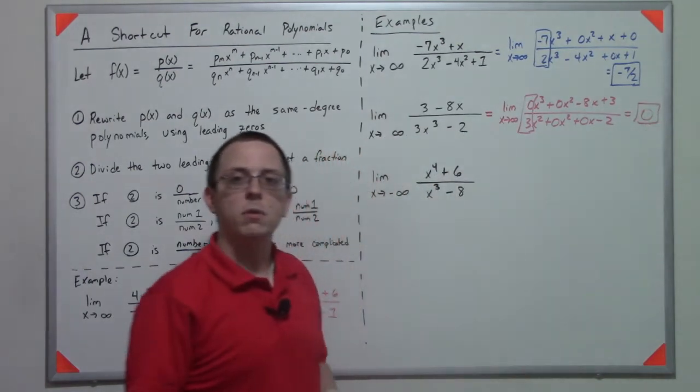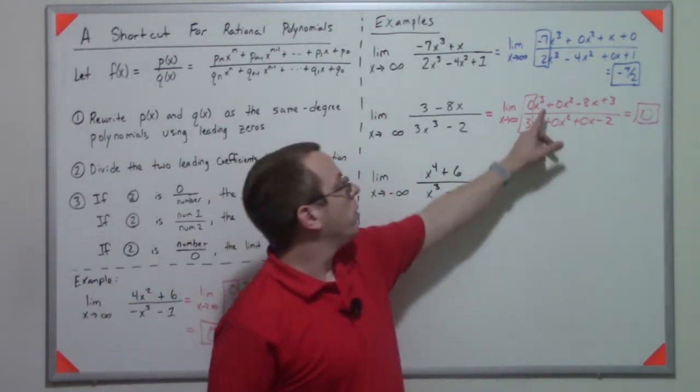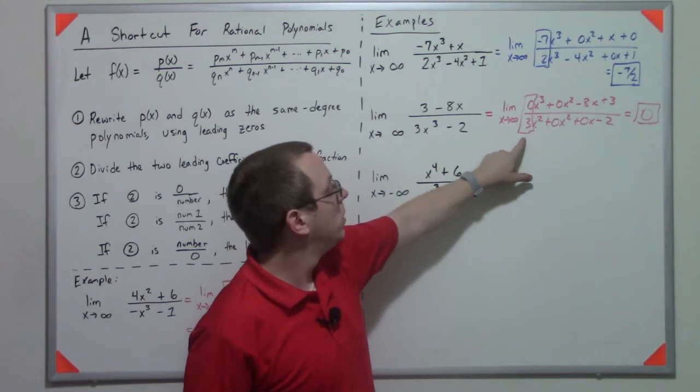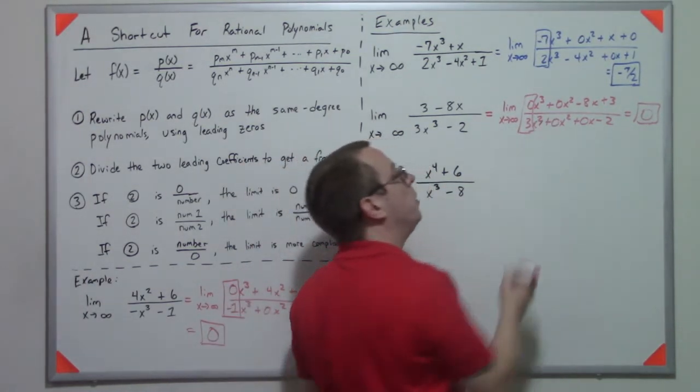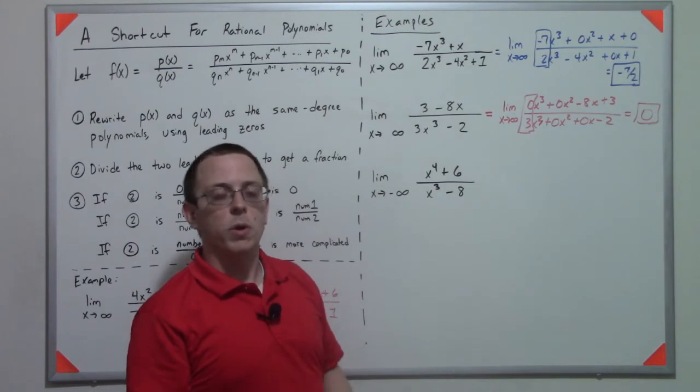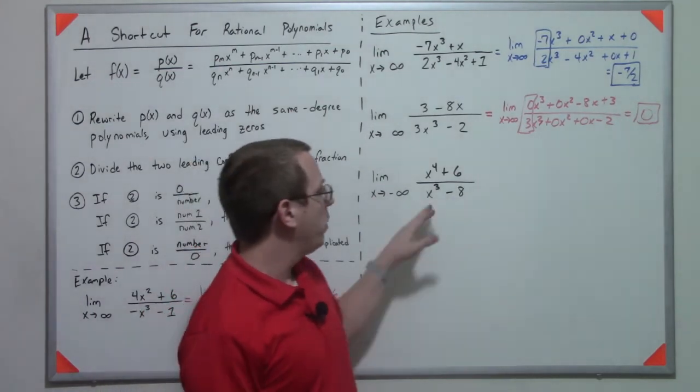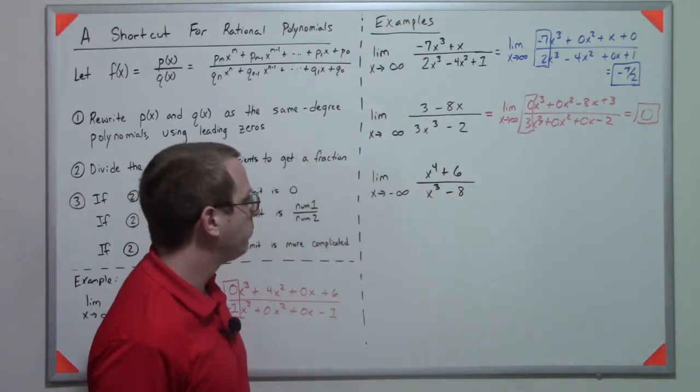So that gives me a 0, because again, you rewrite this as a third degree polynomial. Whoops, that should be a cubed there. So it's 0 over 3. So again, pretty straightforward.